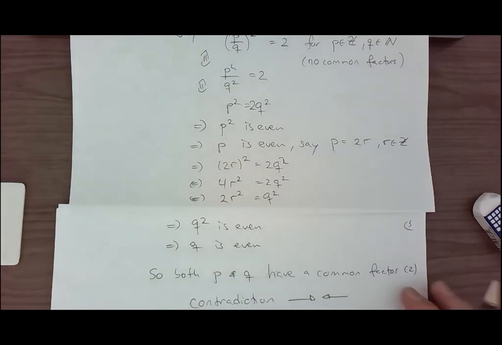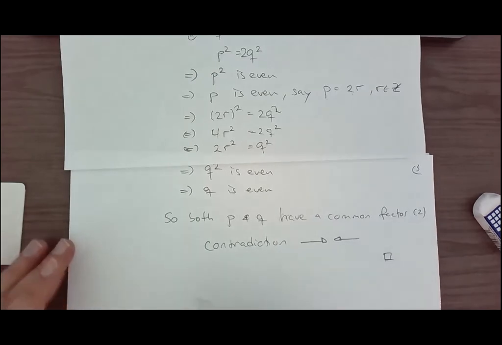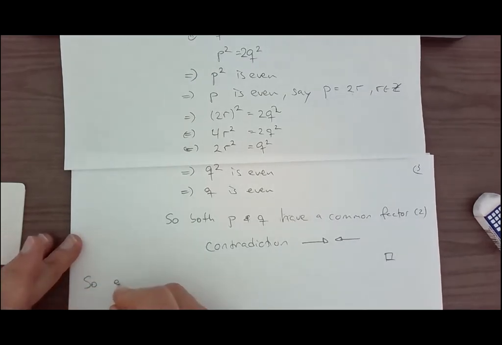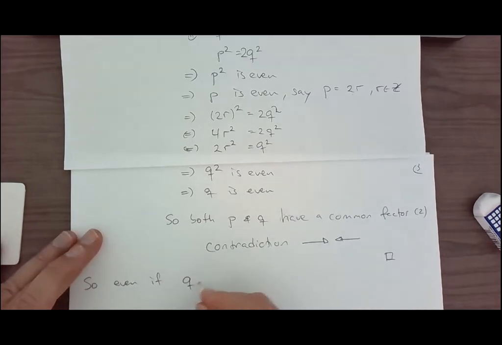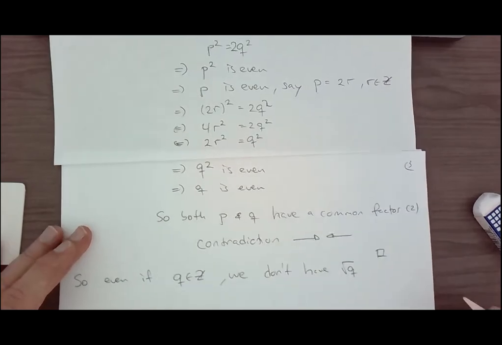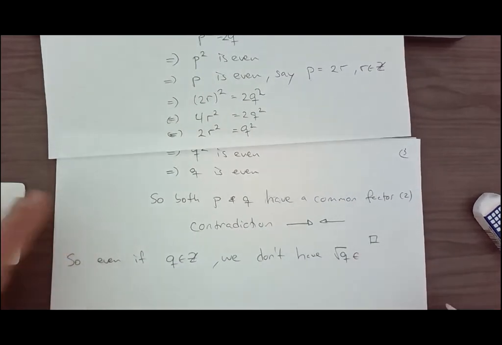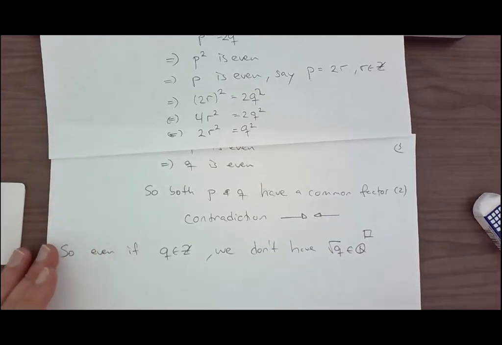So if you want to take square roots, and we do, we are no longer in Q. So even if I take a number, say Q in Z, we don't have that the square root of Q belongs to the rationals.